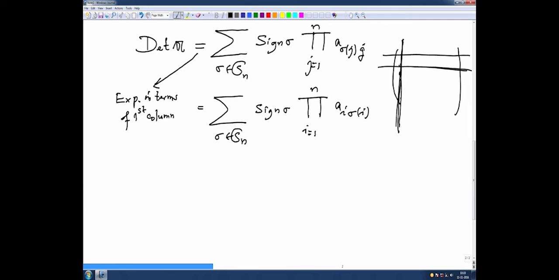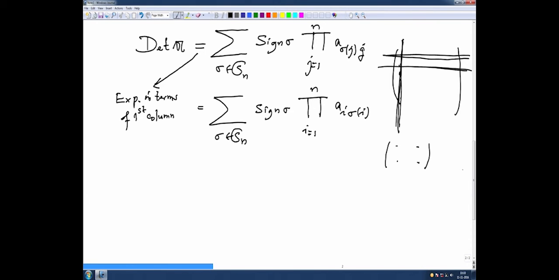Similarly, the second equality is by using the first row. That is what was usually taken as the standard way to define it, like for 2 by 2 we used to do in school. Take this entry times this, take this entry with a minus sign times this, and so on.